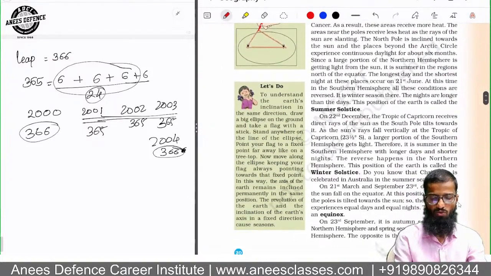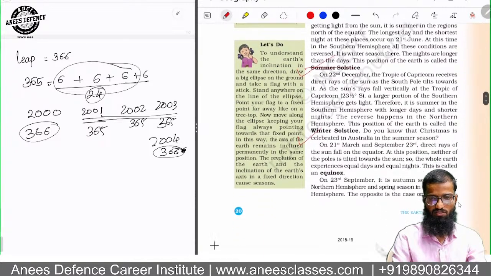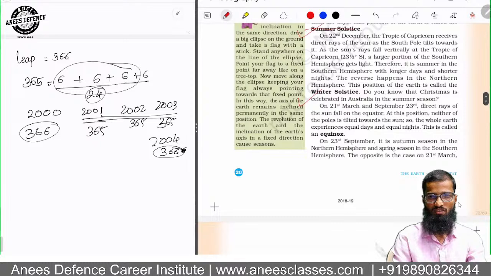Okay, so I have explained to you what is summer solstice, what is winter solstice, and what is equinox. Why is there only 12 hours night and 12 hours day on equinoxes?